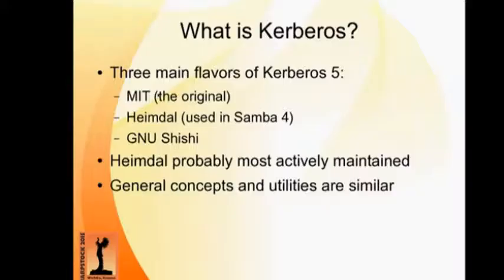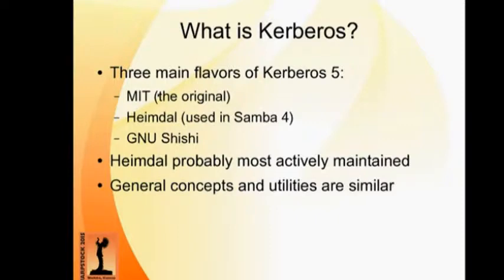So there are 3 main implementations of Kerberos. MIT, which is the original, Heimdal, which is now incorporated in Samba 4, and New Shishi. I don't know a lot about New Shishi. The neat thing about them is that, in general, they function the same way, and they're interoperable.